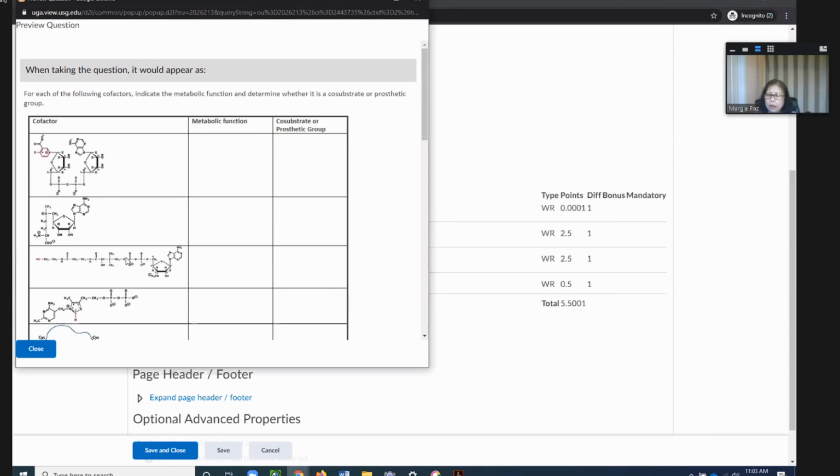But on the exam, what if I give you some of the structures of coenzymes? Will you be able to identify which coenzyme that is? ATP, easy to remember, right, class? You should be very familiar with the structure of ATP. Is it a co-substrate or a prosthetic group?